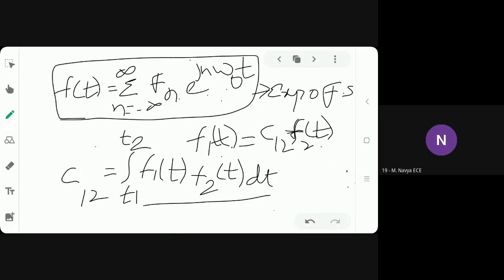So if the set of functions are complex functions, then integral t1 to t2 f2 of t into f2 conjugate of t dt, as well as what is the numerator? f1 of t into f2 conjugate of t, or f1 conjugate of t into f2 of t. You can write it either way.